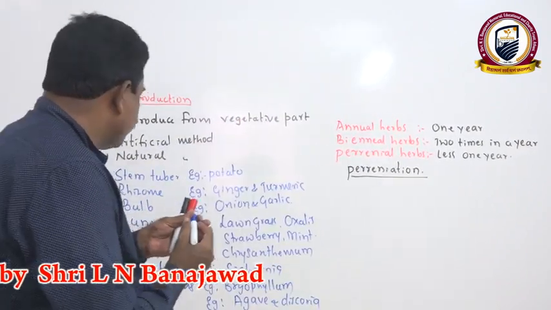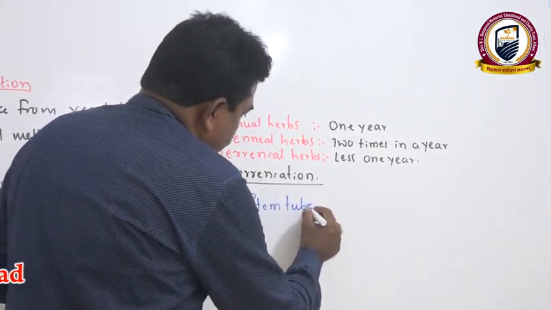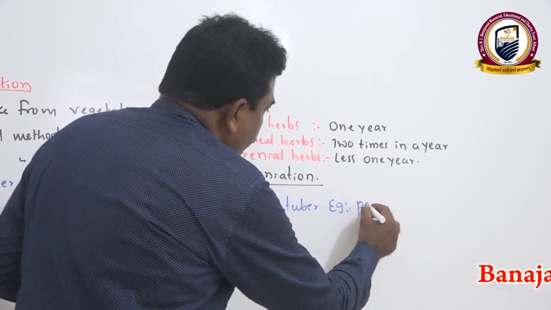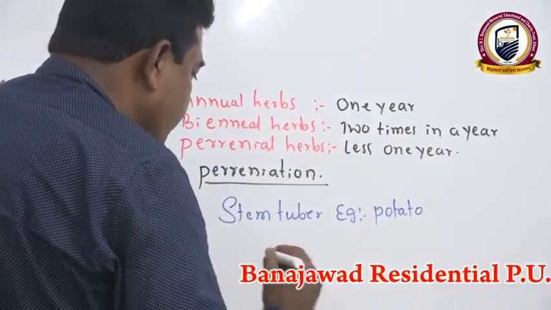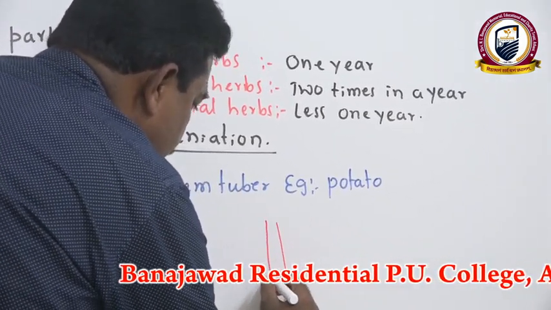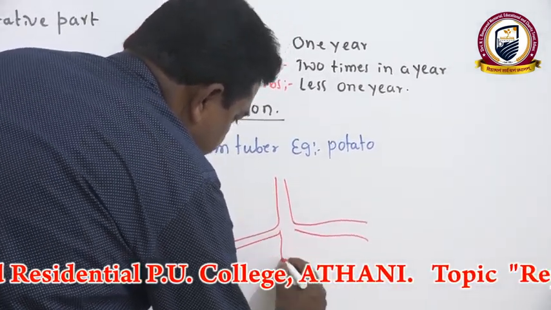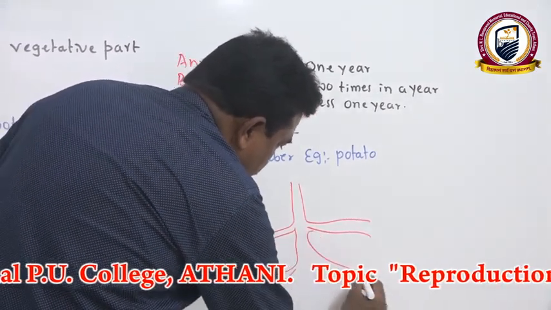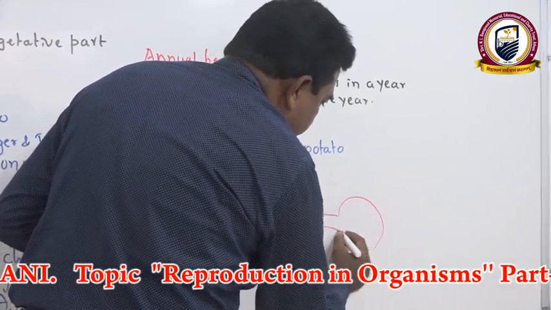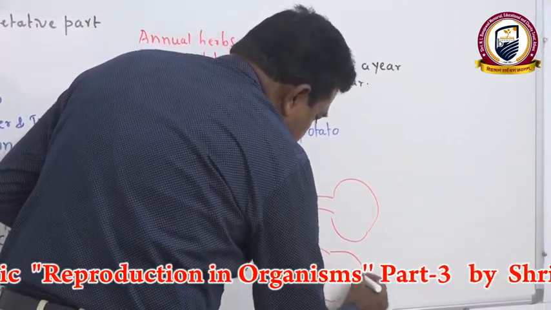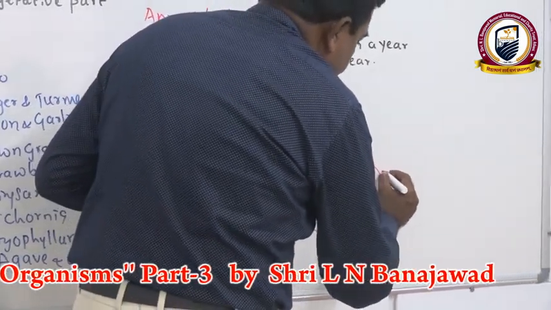Here, especially the stem tuber, represented by example potato. Generally before summer the taproot system grows horizontally in the ground, and later it swells irregularly and produces a specialized structure that is called a stem tuber.